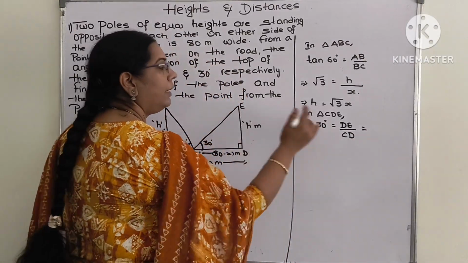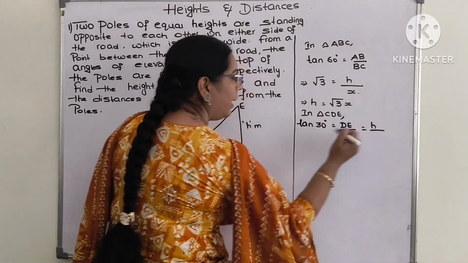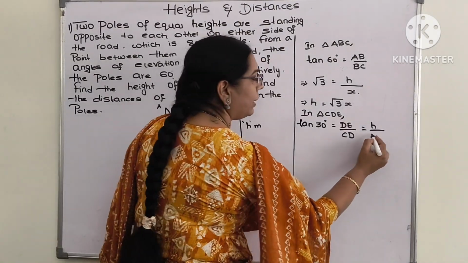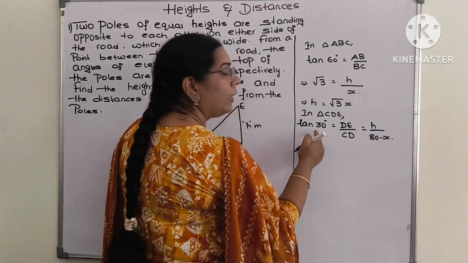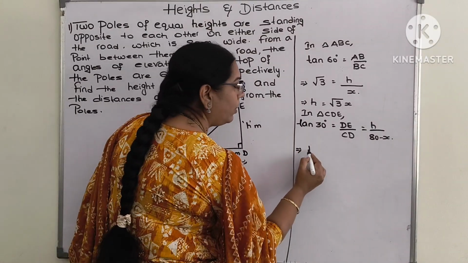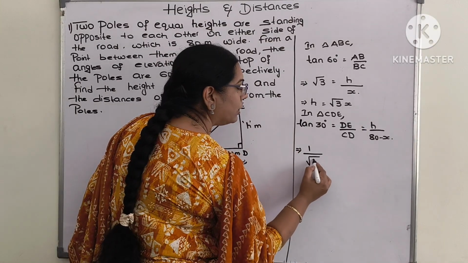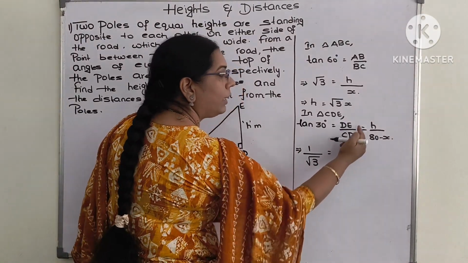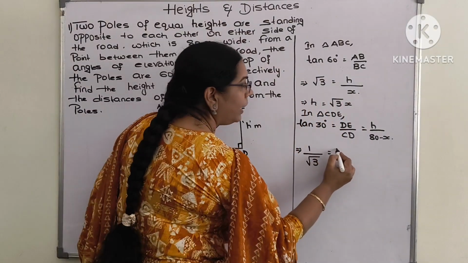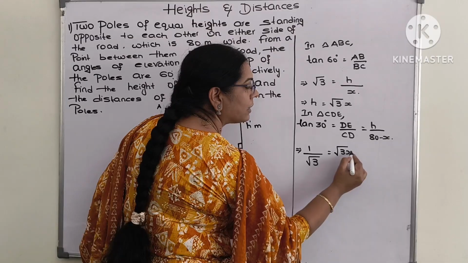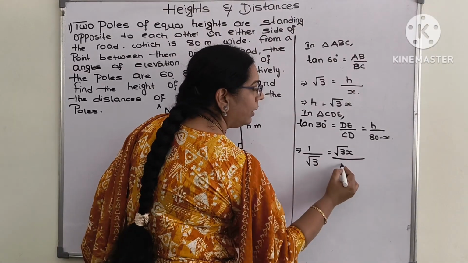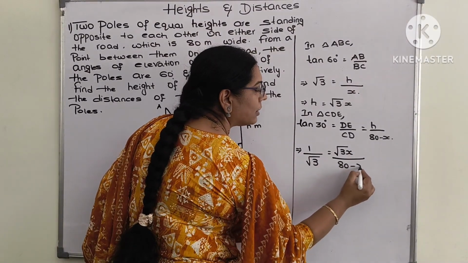DE is nothing but your h and CD is 80 minus x. That implies tan 30 is 1 by root 3, so 1 by root 3 is equal to, what is h? h we got as root 3 x, divided by 80 minus x.